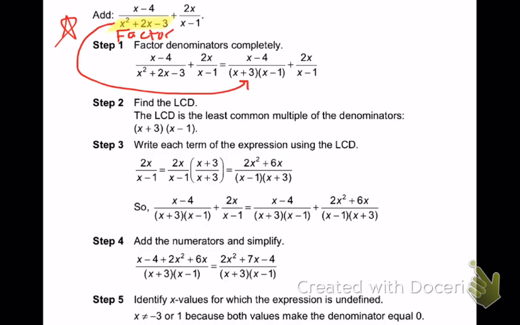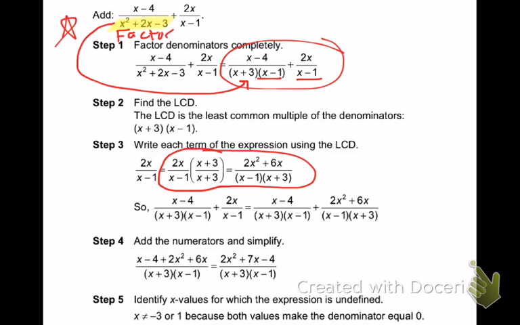So what do both of these fractions have in common? An x minus 1, right? So what do I need to multiply the right fraction by? I need to multiply the right fraction by x plus 3 over x plus 3. I would distribute the numerator, and that's where I get this expression right here.